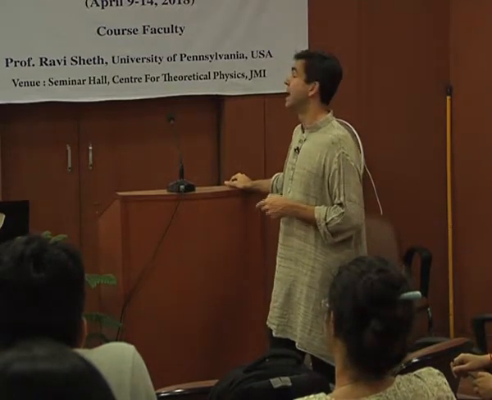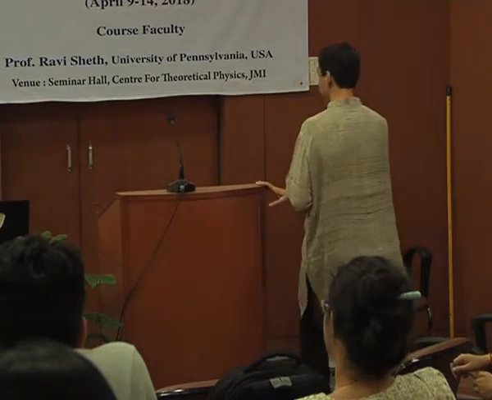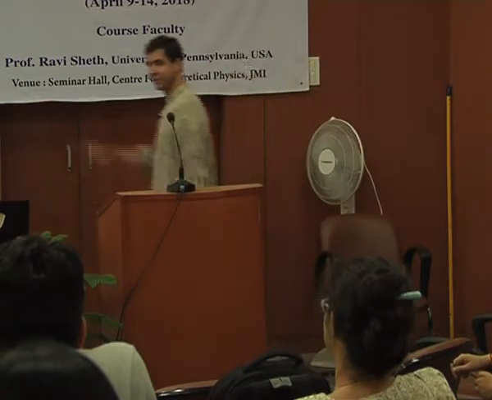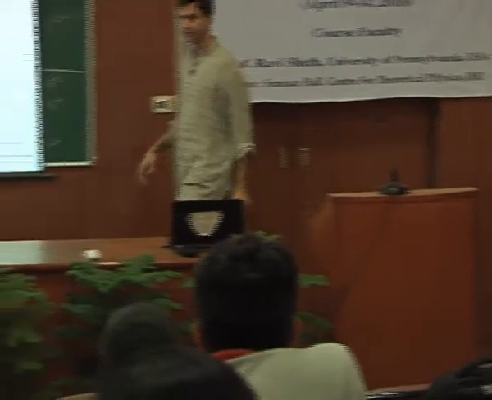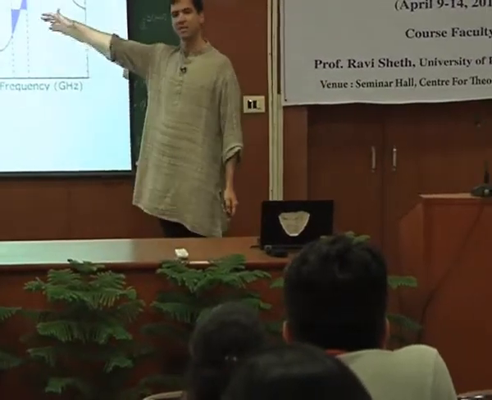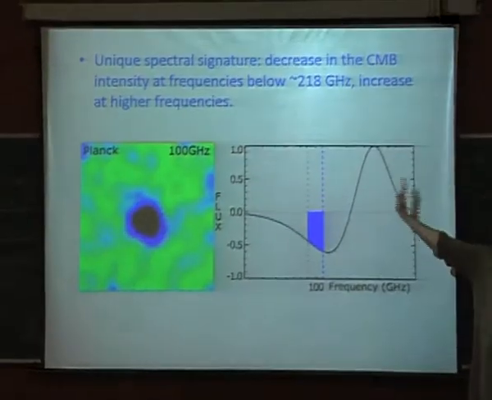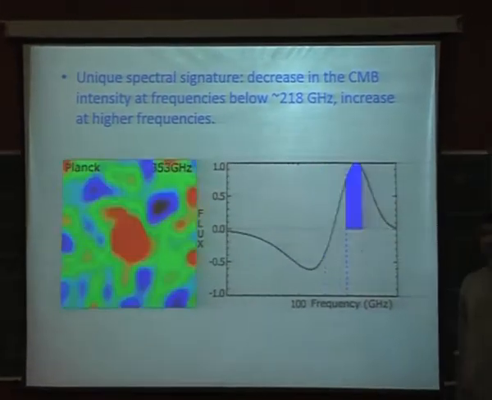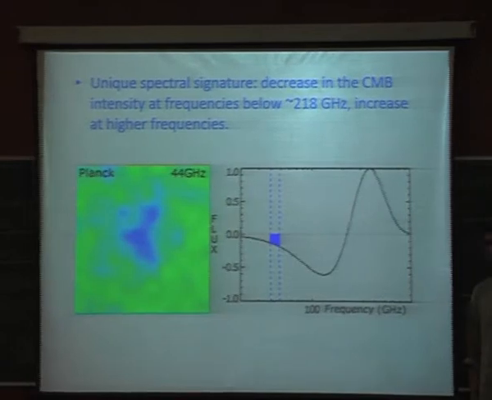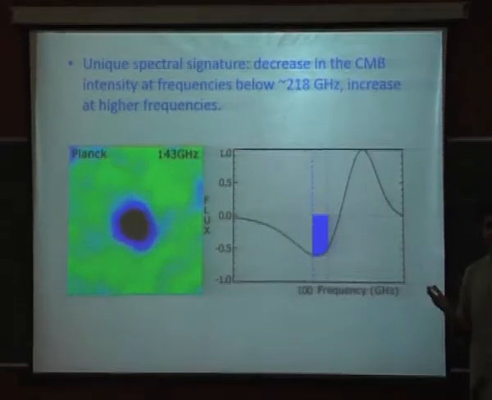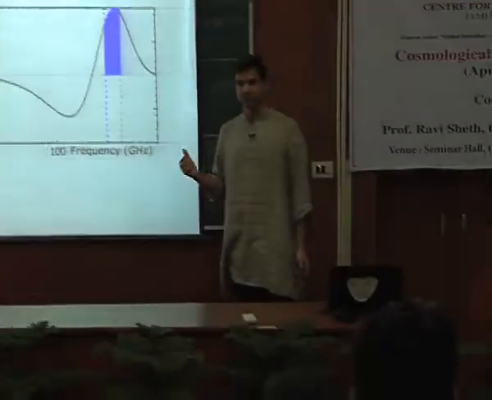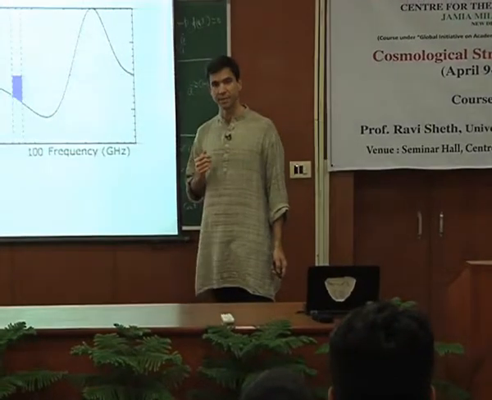Now, if I were to draw what I expect for the amplitude of the KSZ effect here, we haven't done this yet, but we will derive this. I said the typical cluster temperature is 1,000,000 degrees, something like that. So the typical speeds are pretty huge, 1,000 kilometers per second.